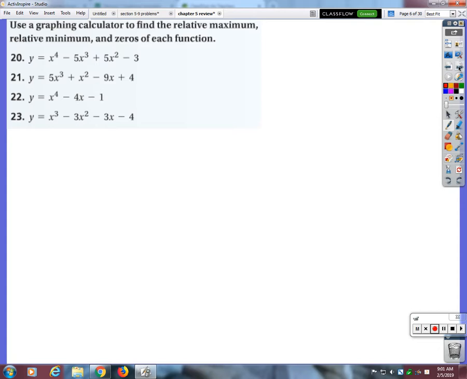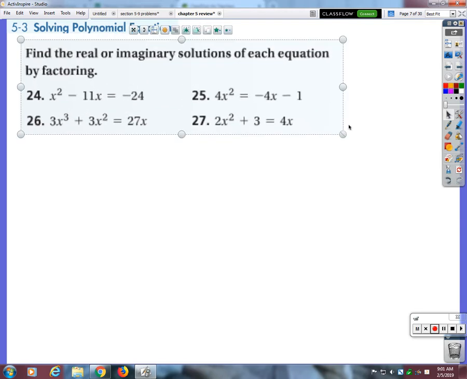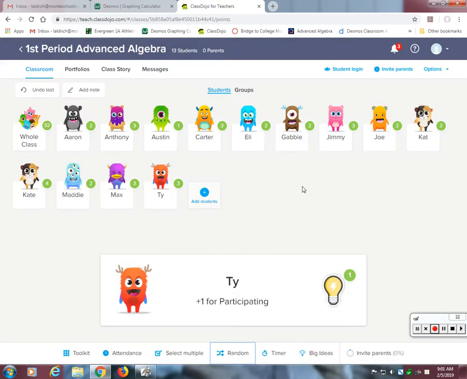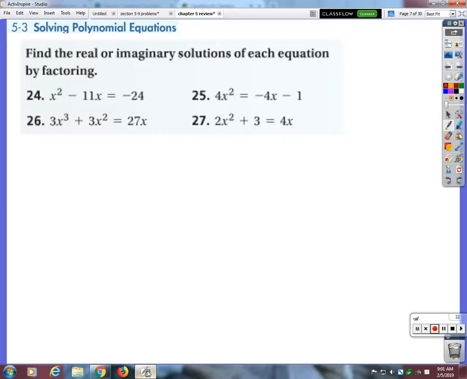Okay, 20 through 23 we're going to skip because they're calculator problems. So let's jump ahead to number 24. Okay, Cat, a little bit more complicated. What do you need to do first?